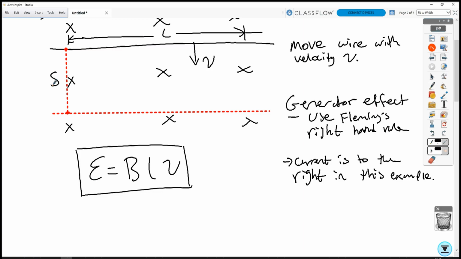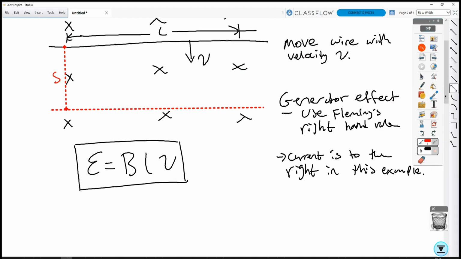So we've got S. Again, let's change that to red. So that's S, the distance it's moved. And it's taken some time t to move by that distance. Yeah? And just for visually, I'm going to draw another one on this side to represent that.